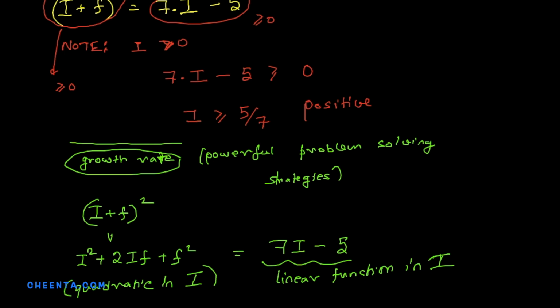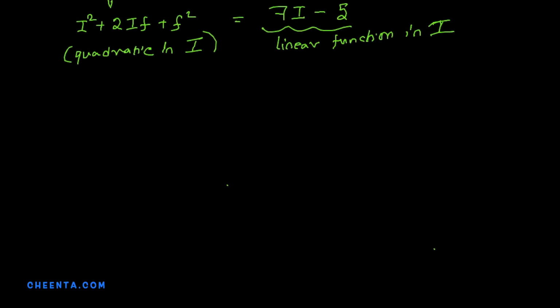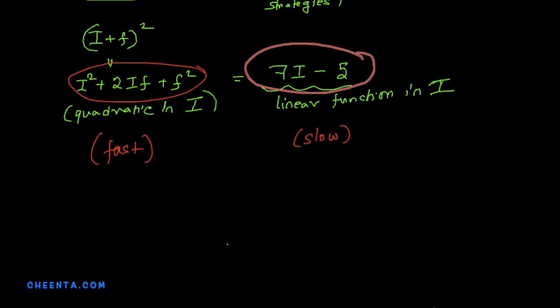Why? Because the intuition is that the linear function is slow and a quadratic is fast. So after some number of integers, the left hand side will overtake the right hand side.